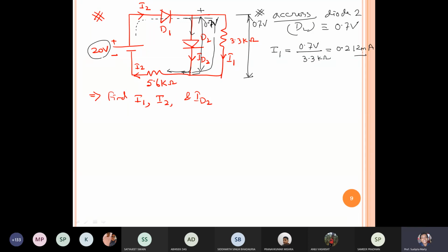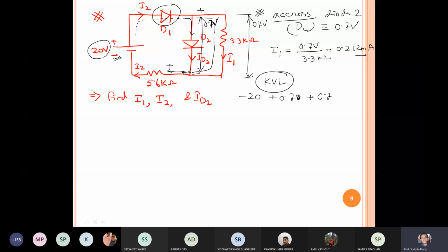Now if we apply KVL, here we are encountering minus 20 volt, so minus 20. Then here it is a diode, so plus 0.7 volt.